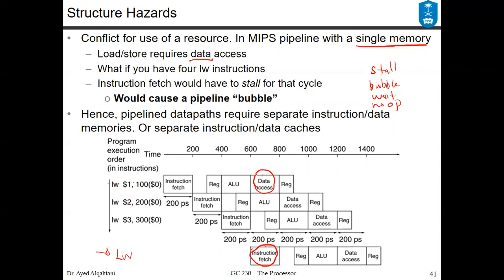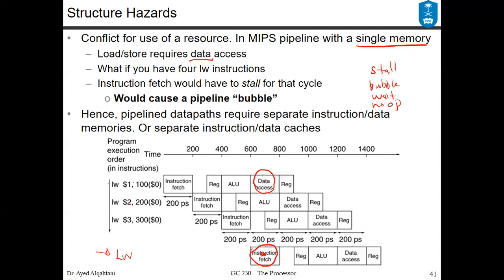And to rectify this, we simply separate the memories. We make an instruction memory and a data memory. So the pipeline data path requires separate instruction and data memories, or separate instruction and data caches. And this way, if you have them separate, then they can run at the same time, because the 4th load is accessing the instruction memory. So the data memory is free for usage.